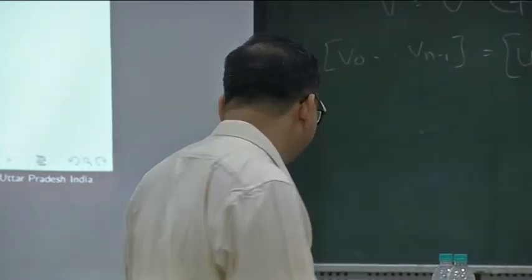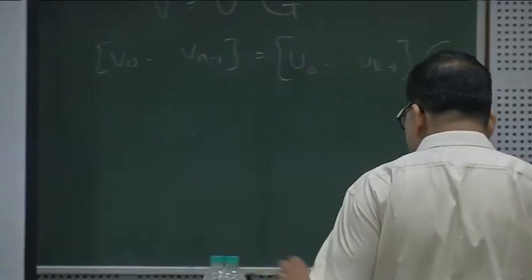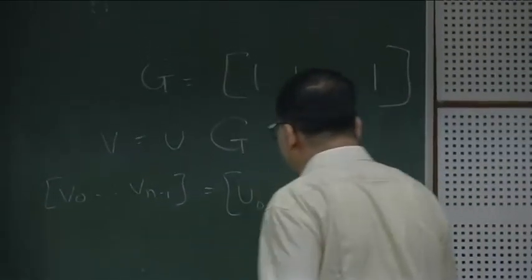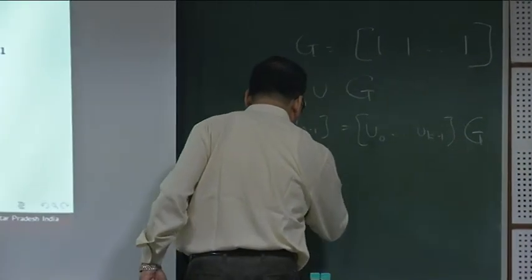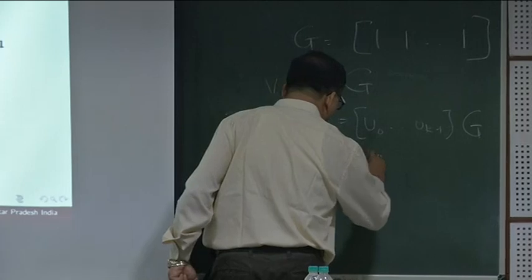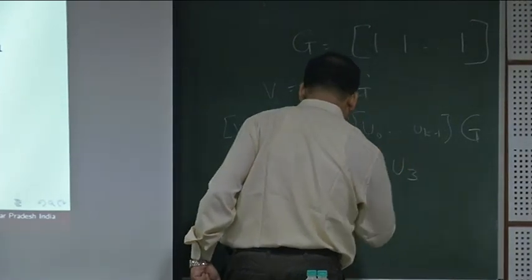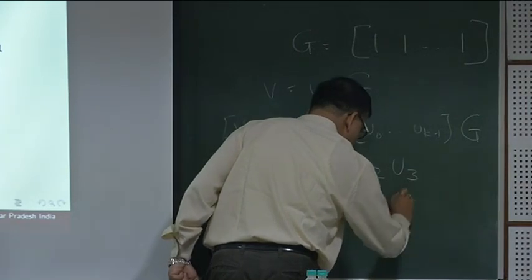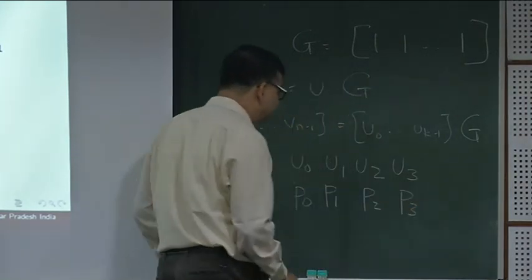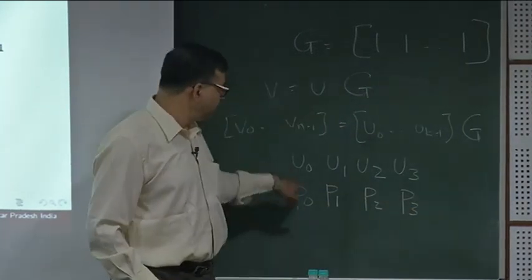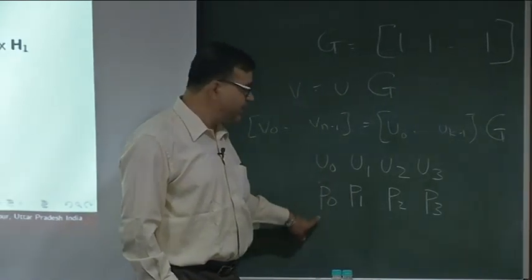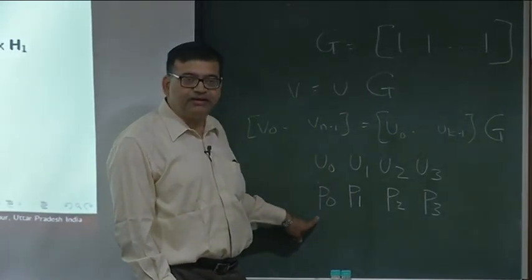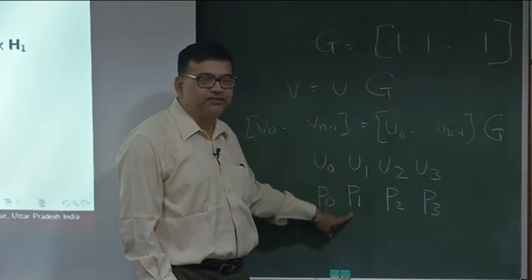So for example, if you have a rate half code, let's say this is my information bits u1, u2, u3, u4. For this information bit, I have this parity bit. This information bit, I have this parity bit.